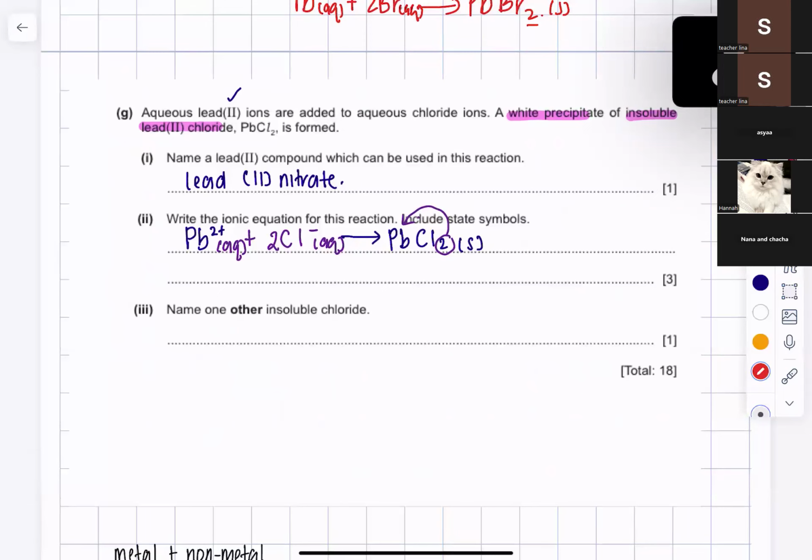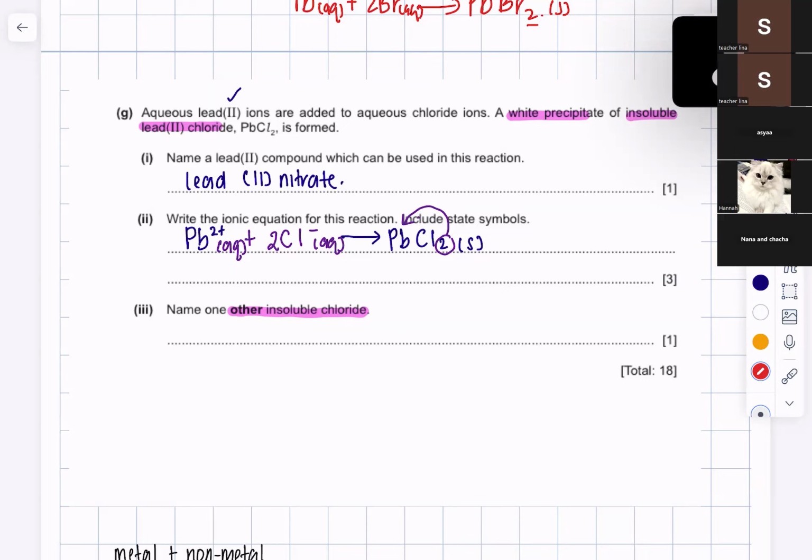Chacha, name the other insoluble chloride. That one is what? AgCl. Yes, name.